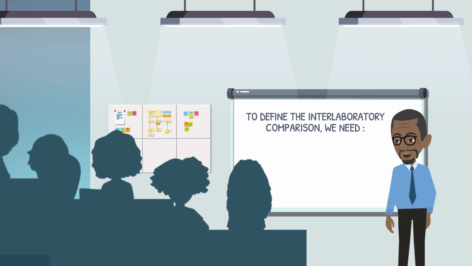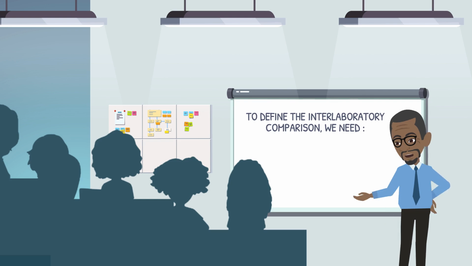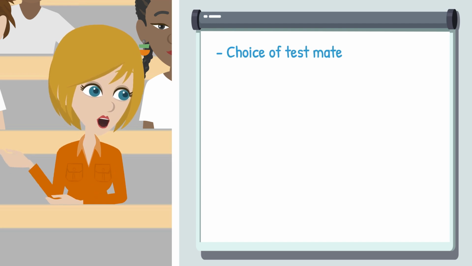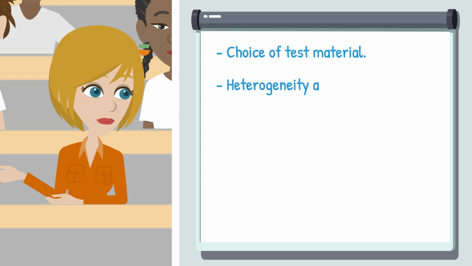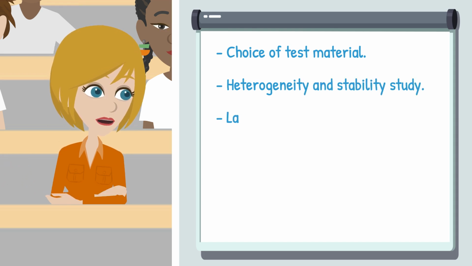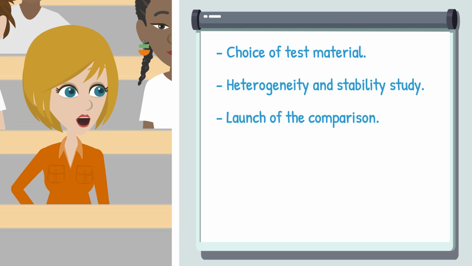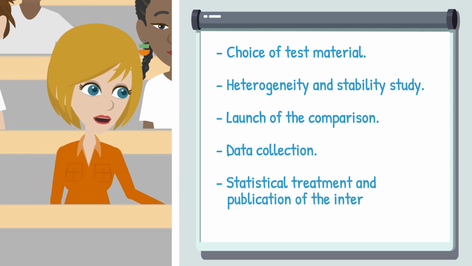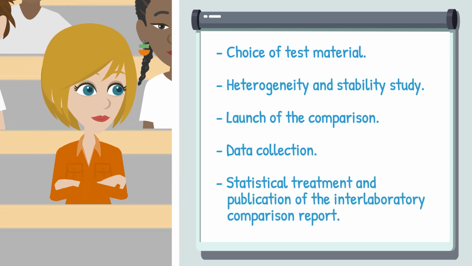First, however, we need to define the interlaboratory comparison, its purpose, and its measurand. We then select the material and study its heterogeneity and stability. Next, we physically organize the comparison. The following step is to assess the data collected on a probabilistic model basis. And finally, we deliver a report to the participants.